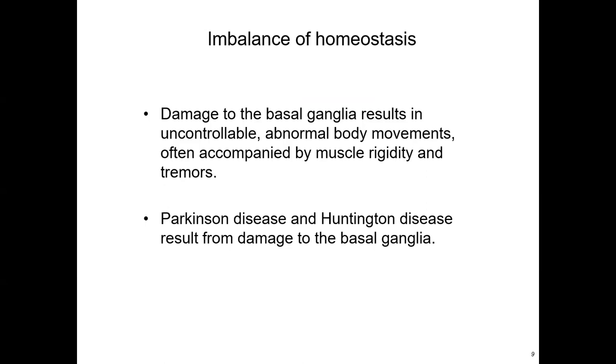Jerky muscle movements, sometimes near impossible situations of difficulty moving muscles, such as described here as muscle rigidity, uncontrolled activity as tremors. So Parkinson's disease and Huntington's disease are two genetic disorders that disable basal ganglia and also some of those centers in the brainstem.